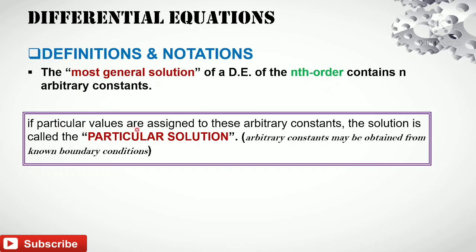If particular values are assigned to these arbitrary constants, the solution is called the particular solution. Arbitrary constants may be obtained from known boundary conditions. This is just an overview, so do not be confused, because I am just giving you an overview of the subject.